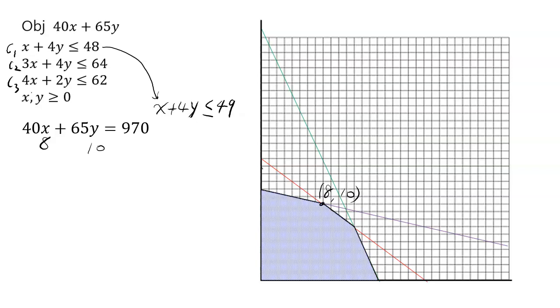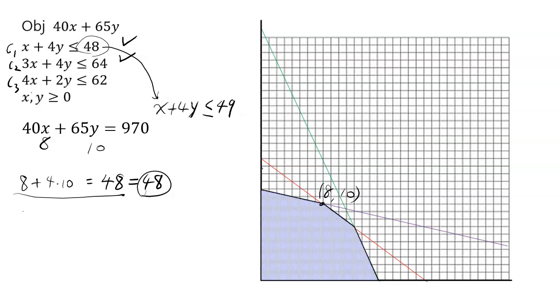So, for example, if I have 8 here and 10 plugged in here, so that's 8 plus 4 times 10, which is 48. And that is equal to the right side, which is 48. So in that case, this is binding. I'll put a check mark for the binding. Same thing, if you plug in 8 times 3 is 24, 10 times 4 is 40, 40 plus 24 is equal to 64, so that's binding.